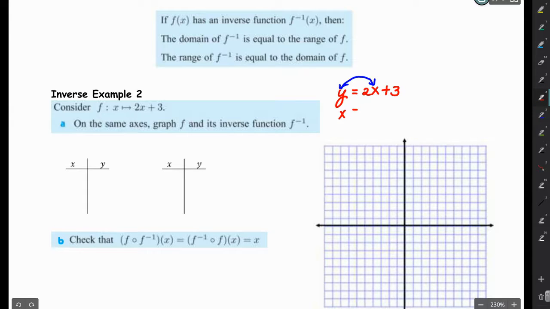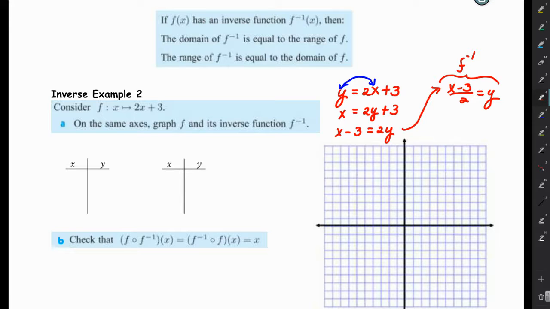So that becomes x equals 2y plus 3. So x minus 3 equals 2y. Divide both sides by 2. So (x minus 3) over 2 equals y.